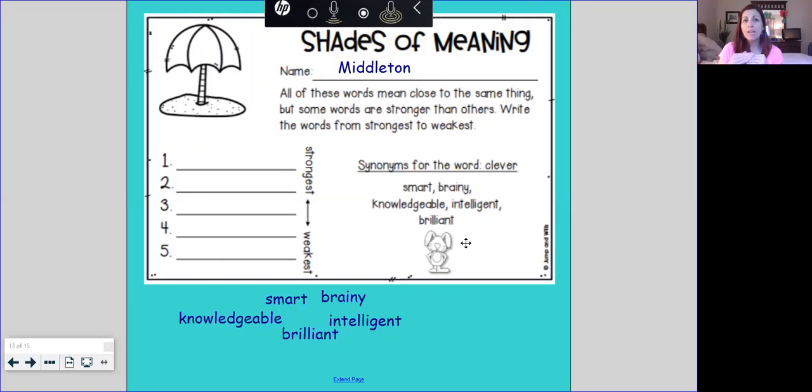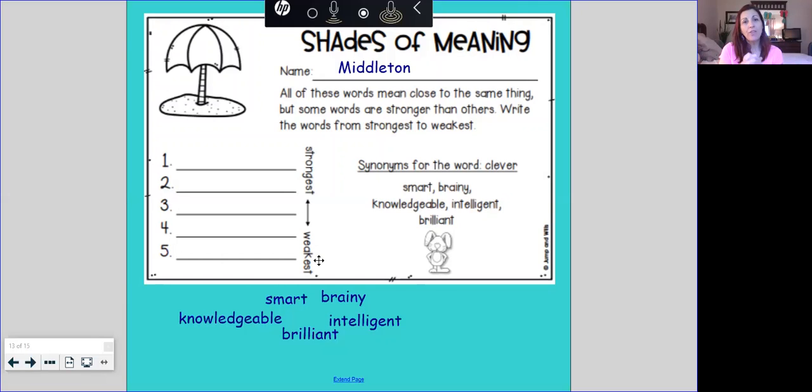And so we can kind of rank them, as you'll see right here, from strongest to weakest. Now, there's no correct answer to this ranking or this ordering of words. It's really kind of based on your own opinion and experiences with these describing words. But smart, brainy, knowledgeable, intelligent, brilliant, and clever all mean pretty much the same thing, okay?